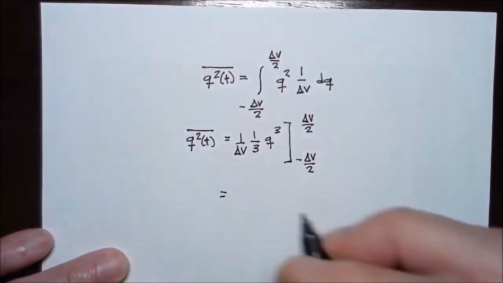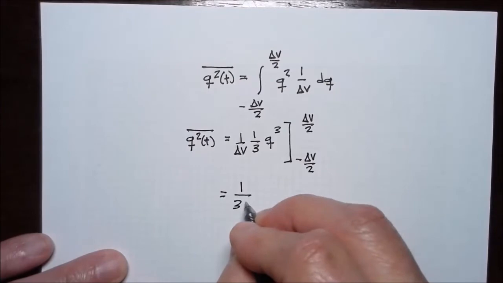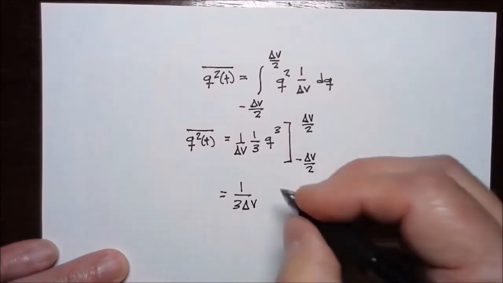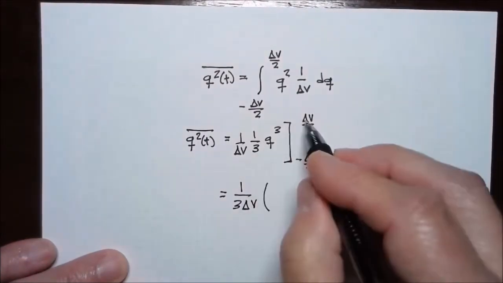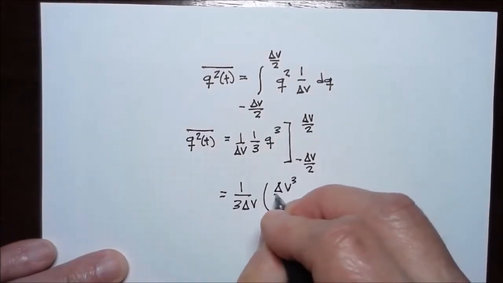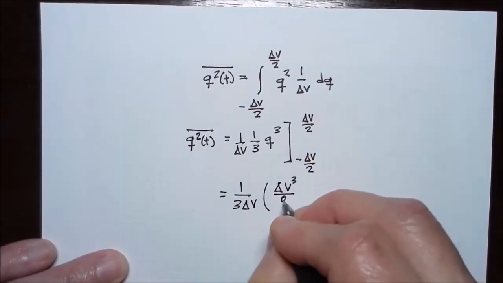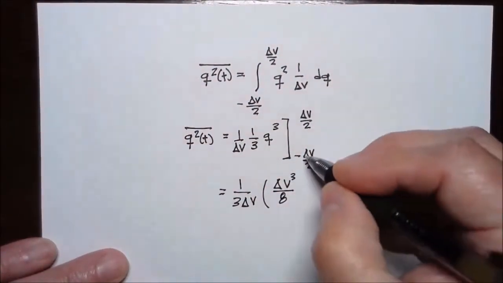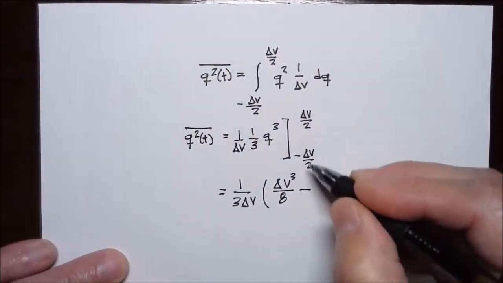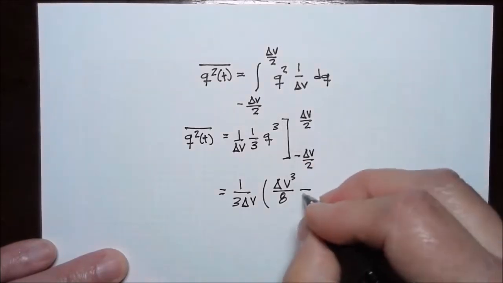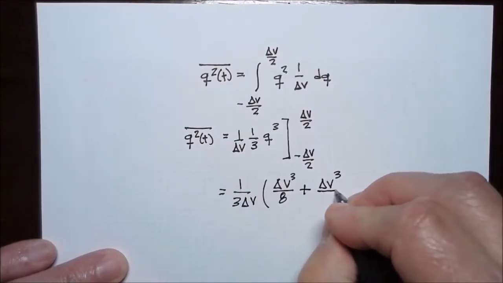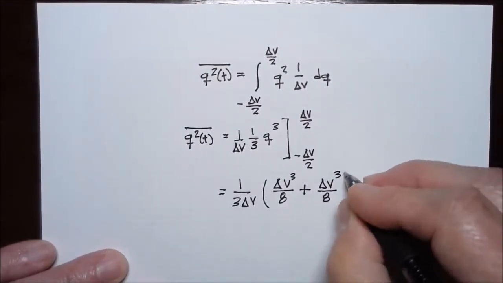So this is going to be 1 over 3 times delta V, and we put in the upper limit of integration. Delta V over 2 to the third power is delta V to the third power divided by 2 to the third power, which is 8, and then minus delta V to the third power. See, we're subtracting at the lower limit of integration. You put in minus delta V to the third power. That's going to make that a plus, and we have delta V to the third power again divided by 8.